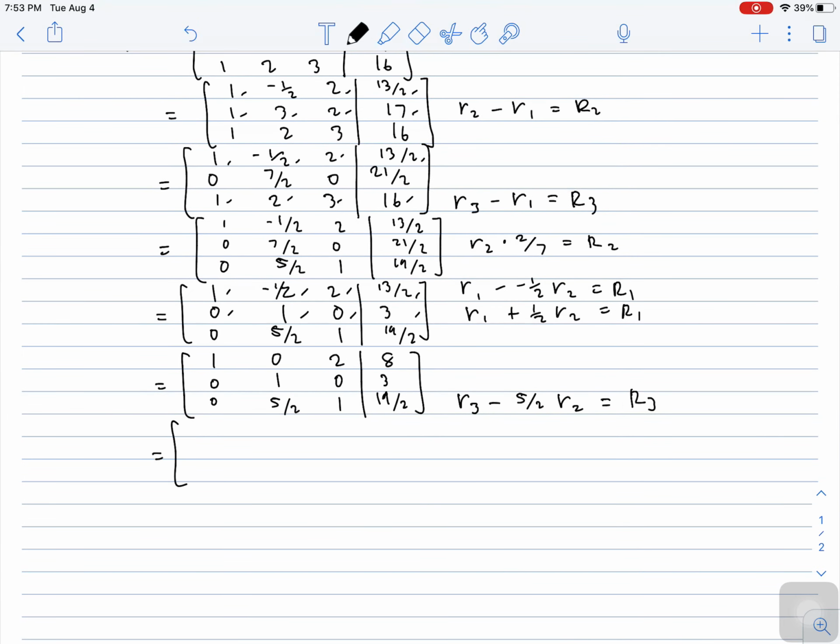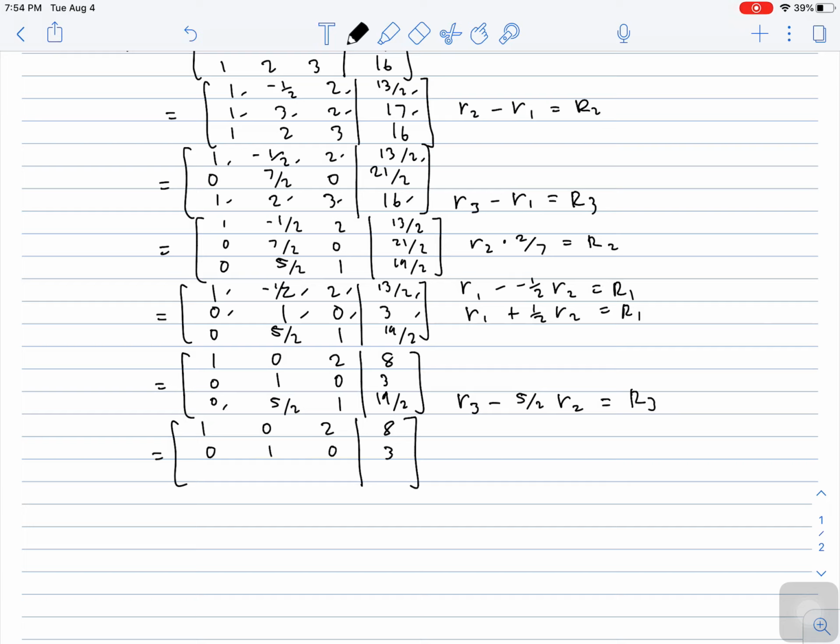This is now copy. Zero, this is what we will use. So we just copy the second row.